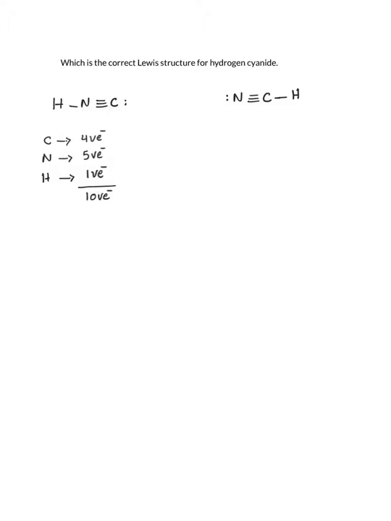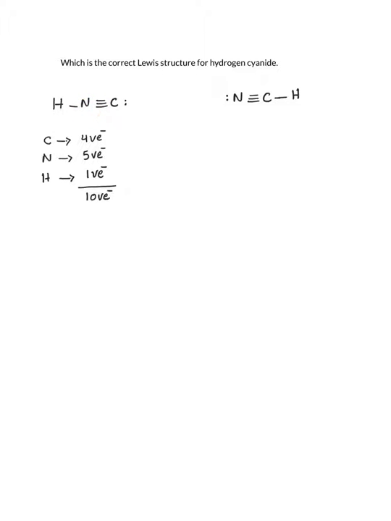So the molecule on the left has 2, 4, 6, 8, 10 valence electrons. The molecule on the right, 2, 4, 6, 8, 10 valence electrons. So both molecules have 10 valence electrons. Now, let's see if all the atoms in these molecules have an octet. So 2, 4, 6, 8 electrons around this carbon, it is an octet.